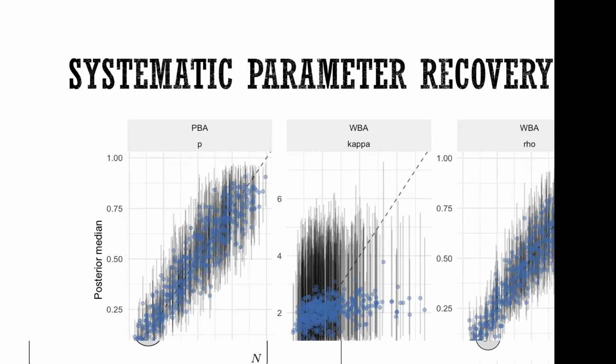When we look at the WBA, again, the rho is not noticeably different from the PBA, but the kappa is hopeless, right? So our worry that the total amount of evidence could not be recovered has not gone away.